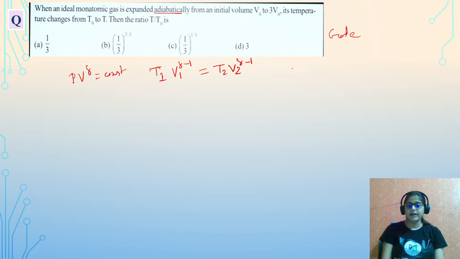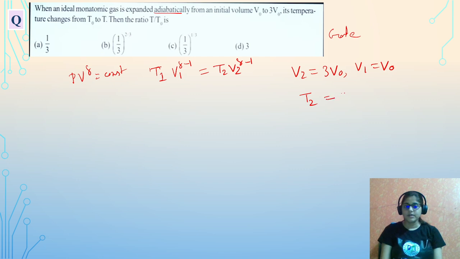So now here V2 is 3V0, V1 is V0, T2 is T, and T1 is T0. Now the gas is monoatomic, so you should know the value of gamma.